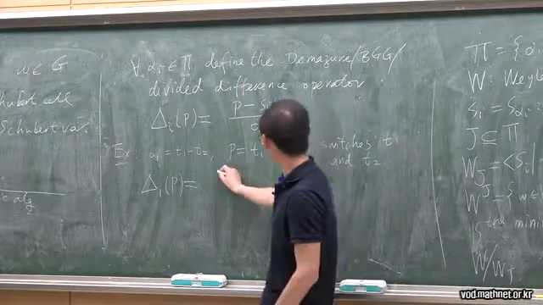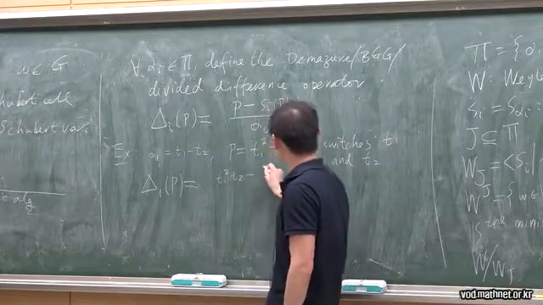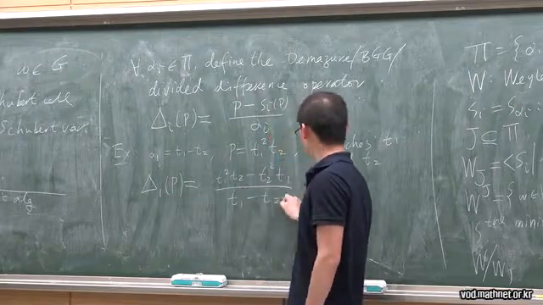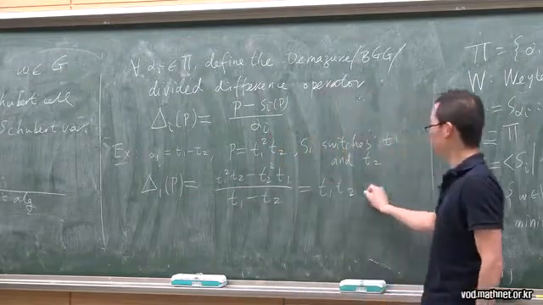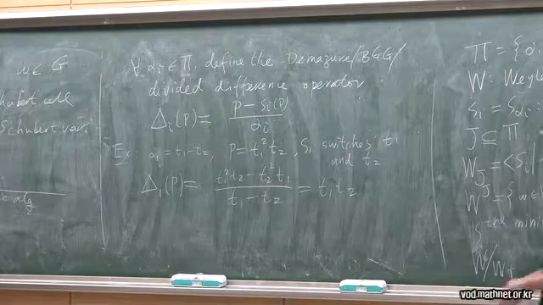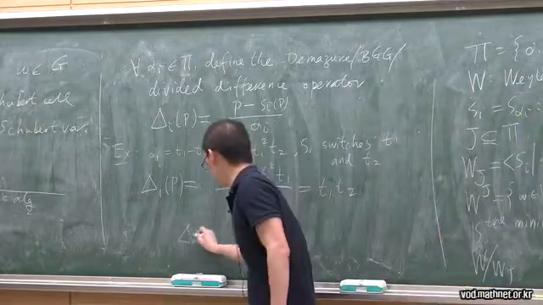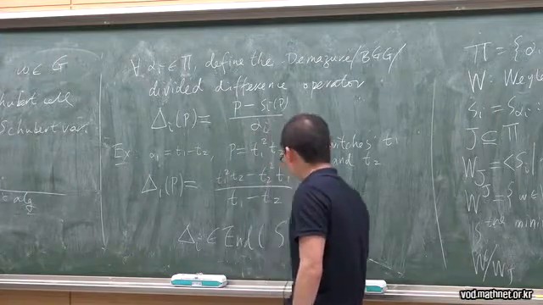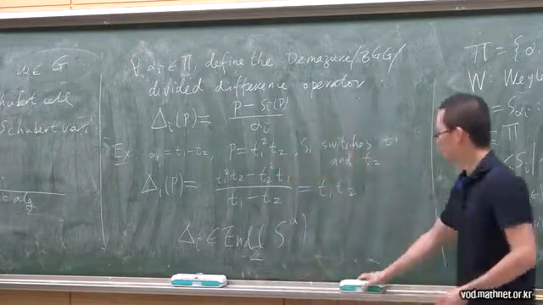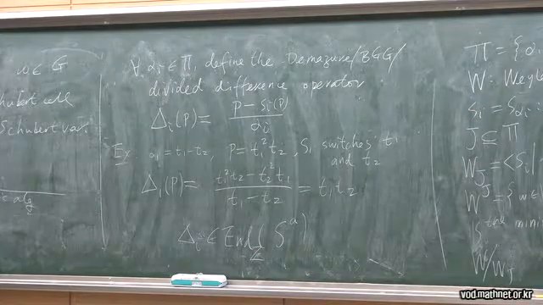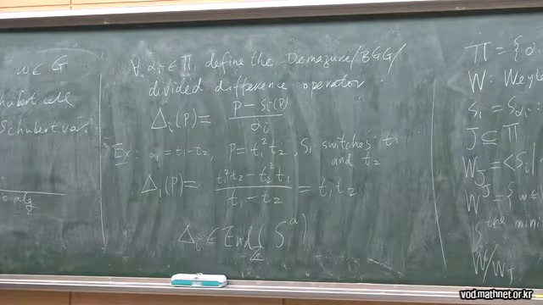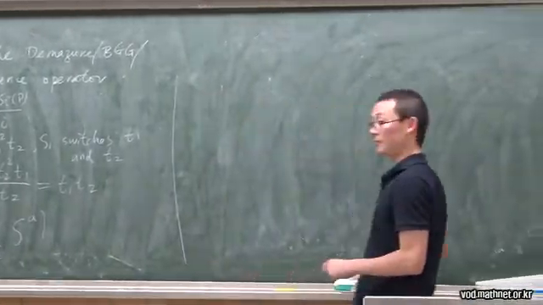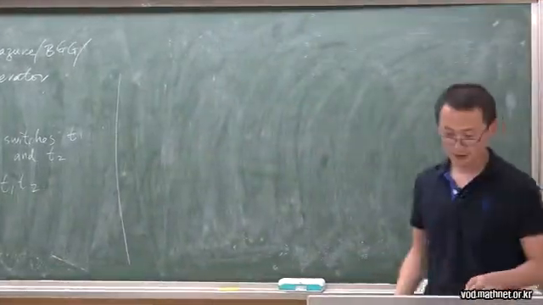Now this becomes T1 squared T2 minus T2 squared T1 divided by T1 minus T2, which is a polynomial. So it's not surprising to see that delta i maps SA to SA. It's just Z-linear, not SA-linear. So that's the divided difference operator.